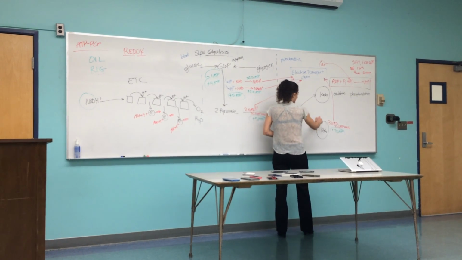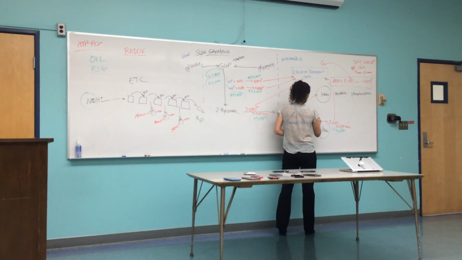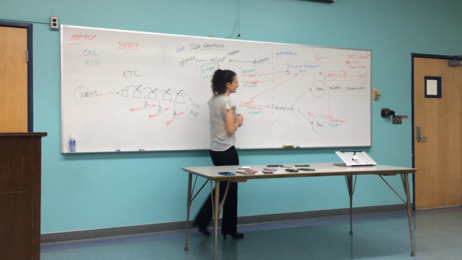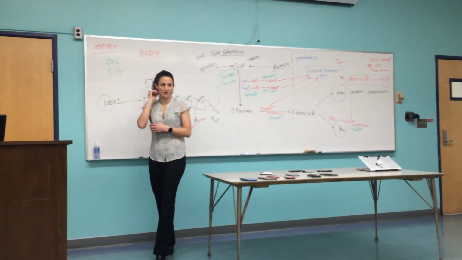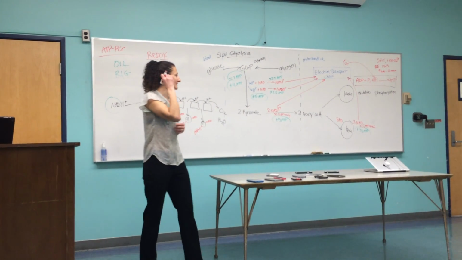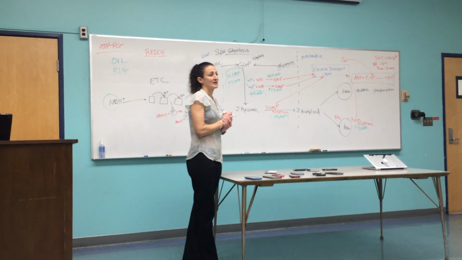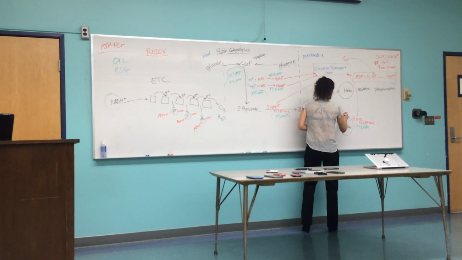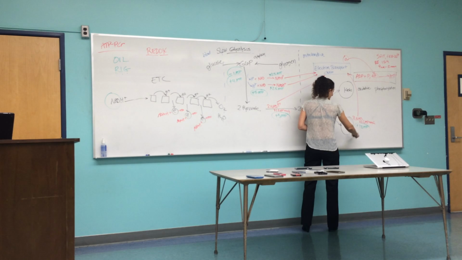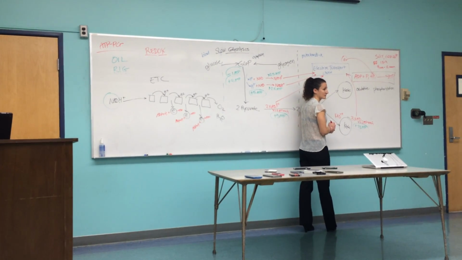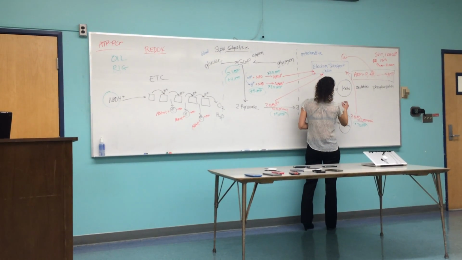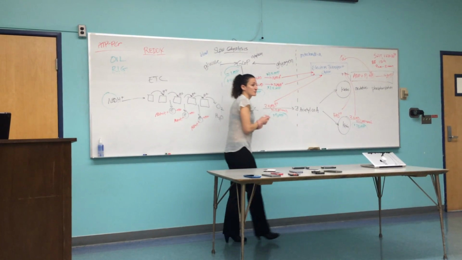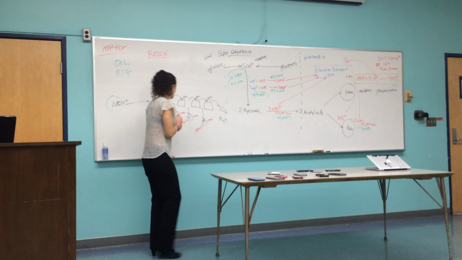Okay, during the Krebs cycle, we're also going to have an FAD. An FAD is also an electron carrier. It's going to do the exact same thing as NAD. It's going to pick up a hydrogen, because in this process you're also producing hydrogen. It's going to take it to the electron transport chain, go through the redox reactions, and produce ATP.